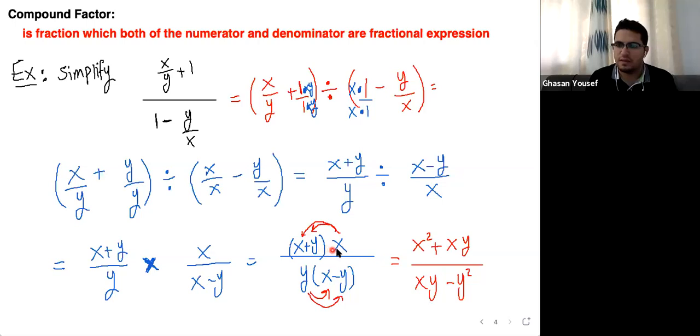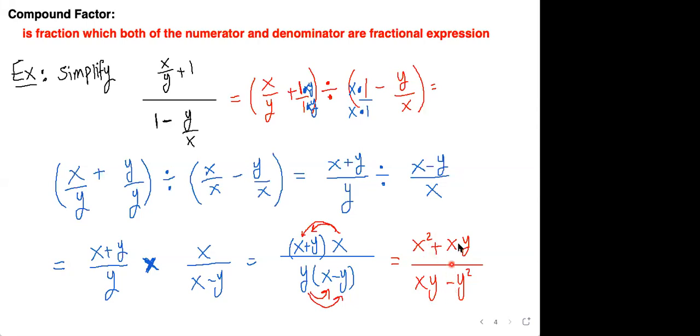Like Ahmed said, we cannot cancel the x squared with x, or y with xy, by xy. This is not correct. We cannot simplify it more. We cannot cancel this xy by xy because here we have a sum in the front. Oh, yes, it's not minus, so okay. Thank you.